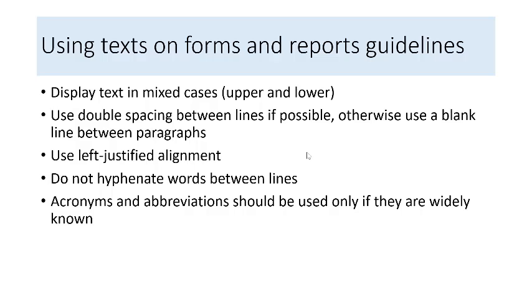And also text, of course, on the forms. Usually the text should be left justified, which means aligned to the left. Numbers should be right justified, which means really it should go to the right. And you should usually have double spacing. And of course, don't hyphenate words between lines.